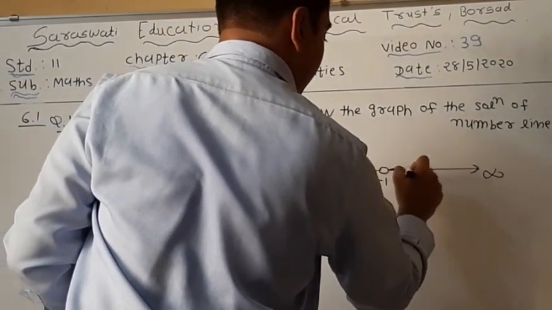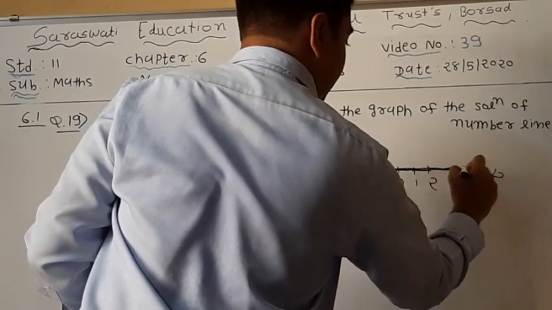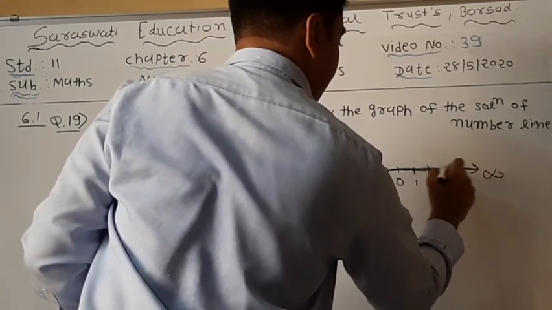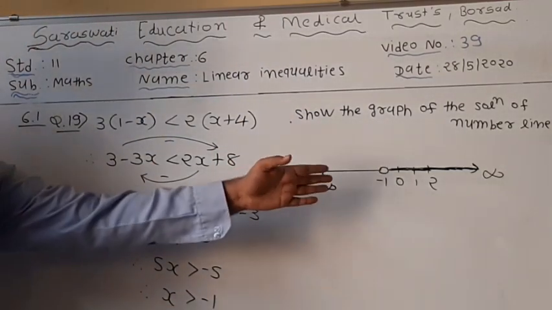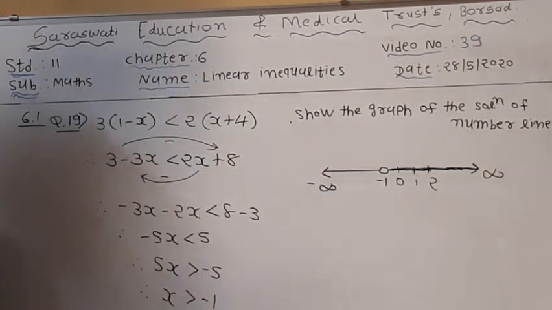So on the number line the line is represented this way. Okay, so our answer is minus infinity to infinity and represented this way.